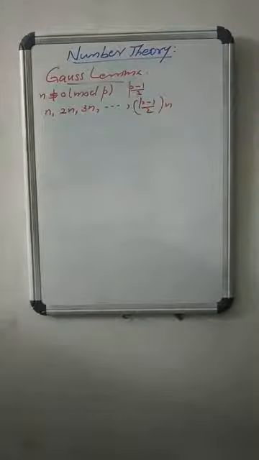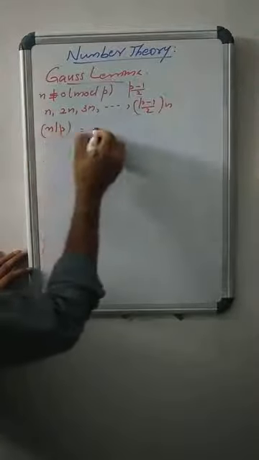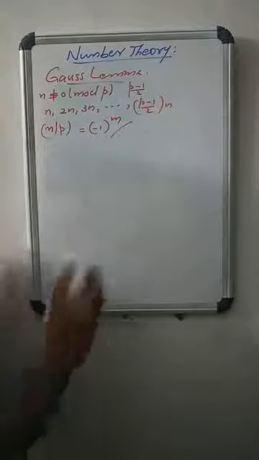If m be the number of residues which exceed p/2, then (n/p) equals minus 1 power m. So this is Gauss lemma.